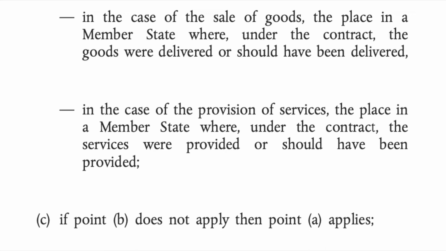This is not correct because 7.2 is the ground of jurisdiction for torts, not for contractual claims. So if we are focusing on the contractual claim, the relevant articles are Article 4 and Article 7.1. Article 7.2 is not relevant.